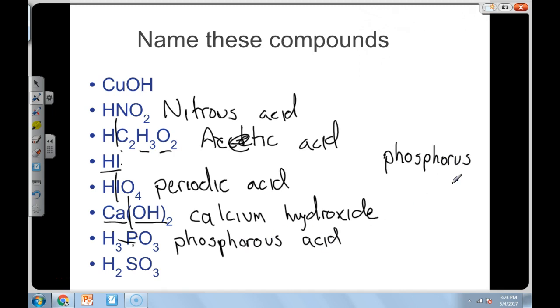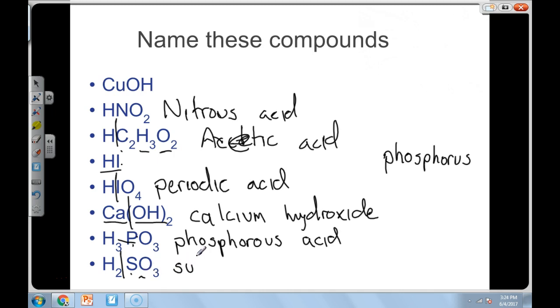Okay, last but not least, here we have the sulfite ion. Again, we know that this is an acid. It's got an H out front. So this is the sulfite ion, and using -ite to -ous, we drop the -ite, add the -ous. But we have to keep in mind that it's not sulfous acid. We have to add that extra syllable in there.